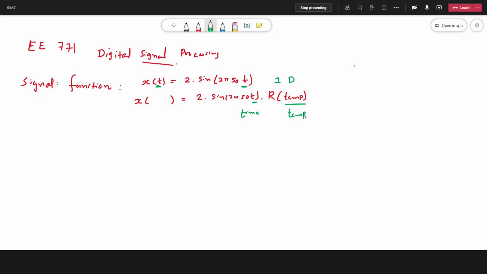Because of the variation in temperature, the resistance changes, and with respect to time also the signal is varying. It means now the signal is dependent on two parameters, t as well as temperature. So such a signal can be considered as a 2D signal.